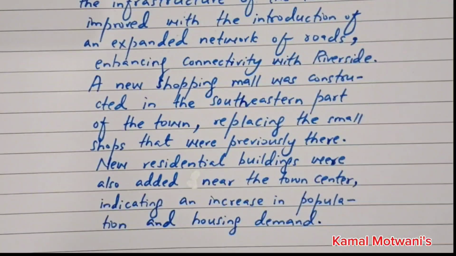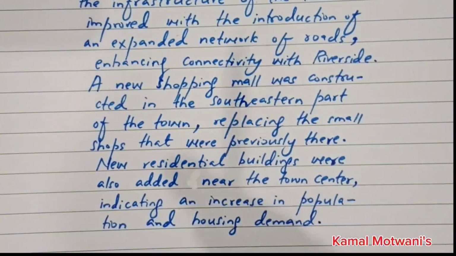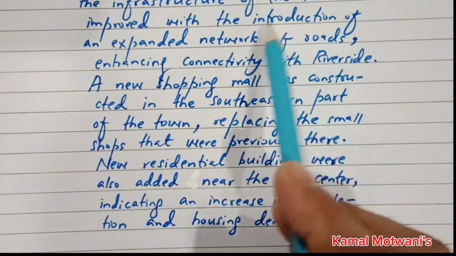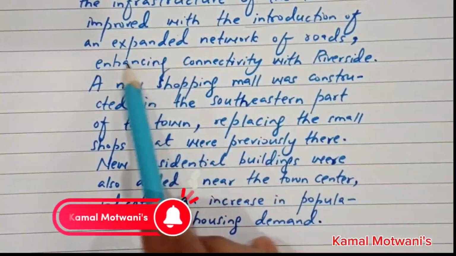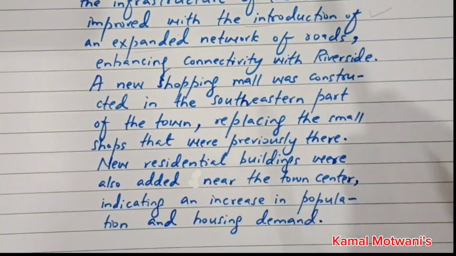Or you can see here how I have used the structure of the sentence: the introduction of an expanded network of roads, or the addition of an expanded network of roads. This is how your language should be, and your language is something that will give you some extra bands in IELTS Writing Task 1.